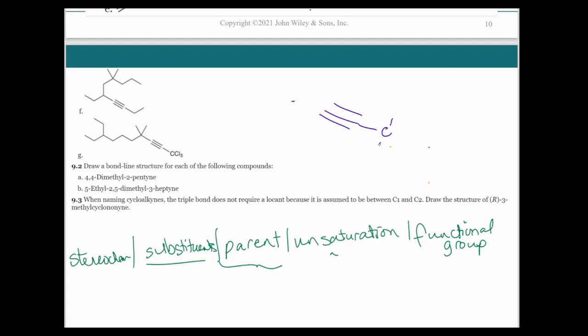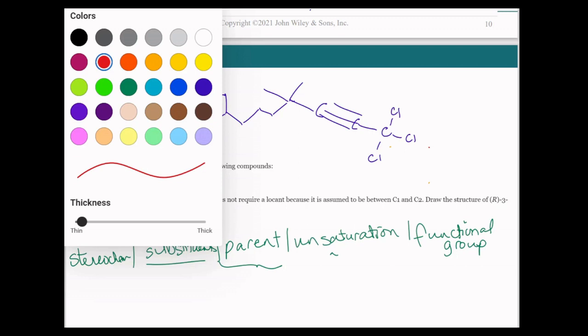So we have CCl3. Let's go ahead and draw those out. Okay, I have a carbon with 3 chlorines right here, and then I have a carbon of the alkyne, and then another carbon of the alkyne, and then a carbon with 2 methyls. Then we have an alkyl chain. Alright, so let's identify our longest carbon chain containing the alkyne.